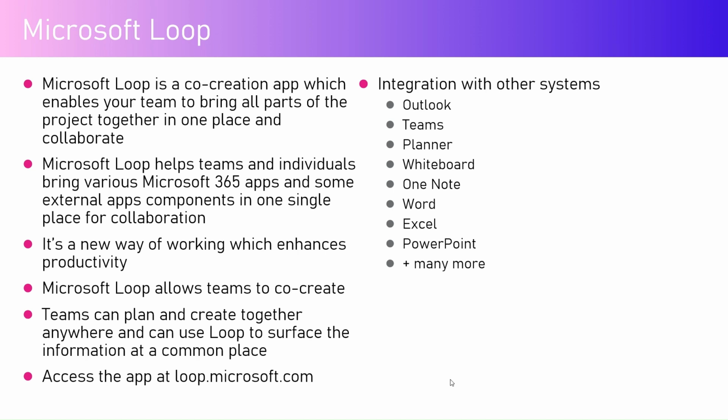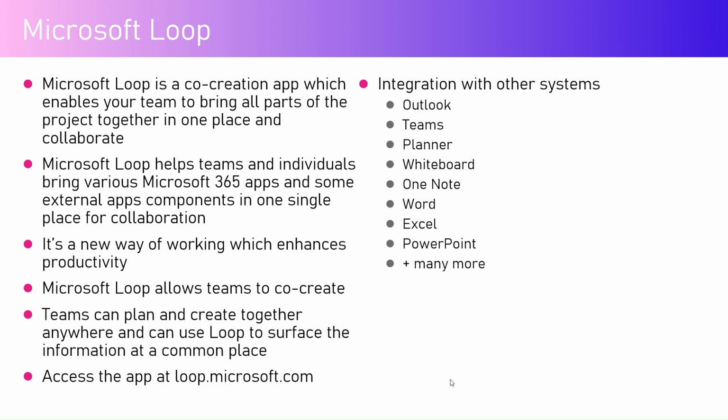Microsoft Loop helps teams and individuals bring various Microsoft 365 applications and some external applications like Jira, Trello, GitHub components in one single place for better collaboration. It's basically a new way of working which enhances productivity of your team members.